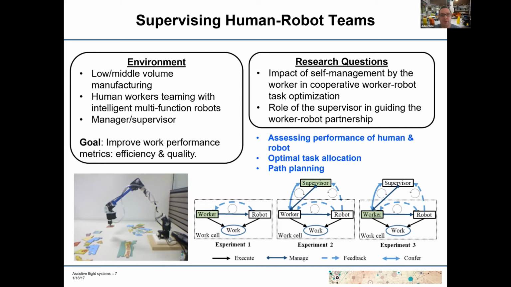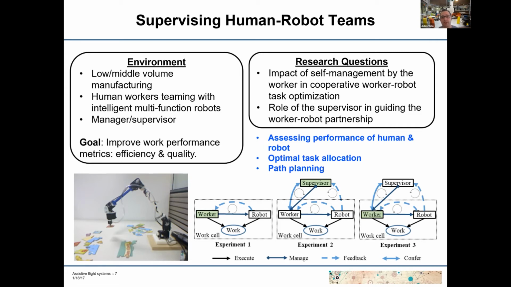A lot of times we talk about human to robot teaming, where that robot is a single function robot, right? But now we're asking the question, what if this robot can do 10 functions, intelligently, but they vary in ability of each of those skills? Can the human worker self-optimize or manage that relationship?